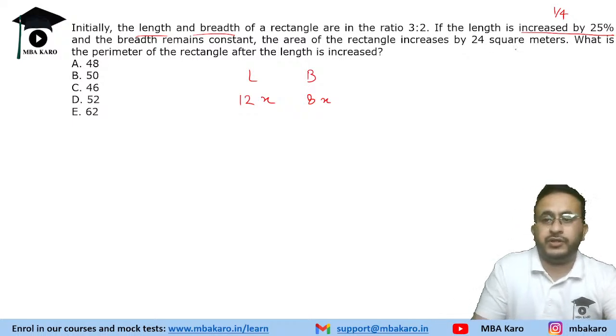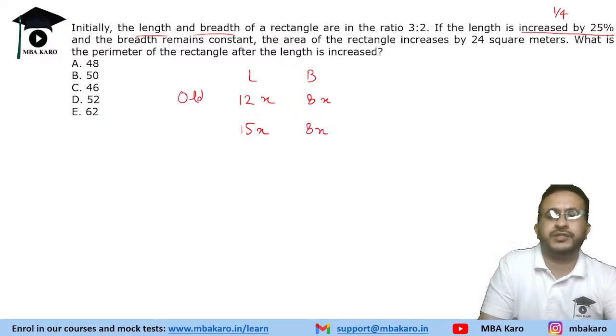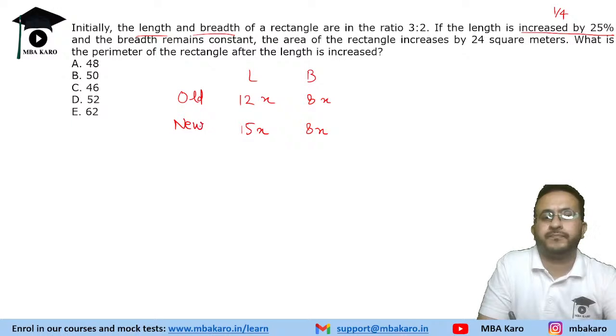So if you increase by one fourth, the new length will be 15x, and the breadth remains 8x. This is old, this is new, right? Now what was the old area?